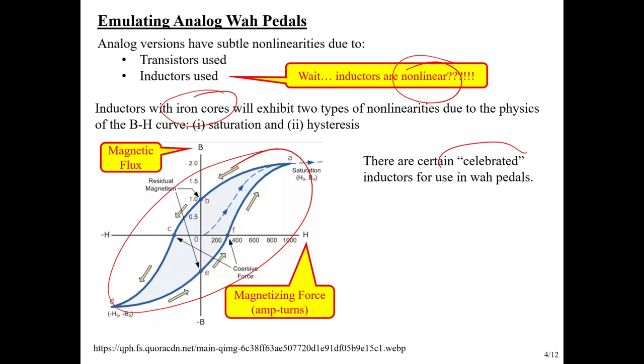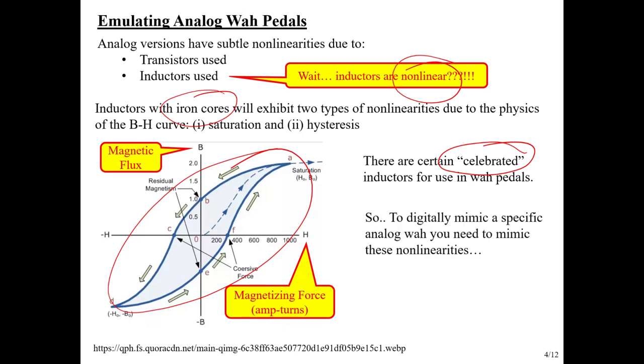And they became very celebrated, in the sense that people will talk about a particular type of inductor that you have to have to make your wah-wah pedal sound good. So you can go down that rabbit hole if you want. They talk about it at the Electrosmash entry for the Vox wah-wah pedal, but there are thousands and thousands, I would guess, of web pages where people talk about these.